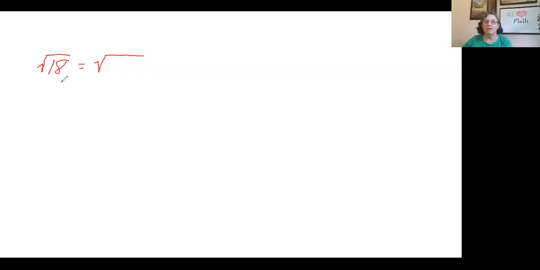Now, the numbers we can take a square root of, well, 0 and 1, of course, but they're not very helpful. 2 times 2 is 4, 3 times 3 is 9, 4 times 4 is 16.